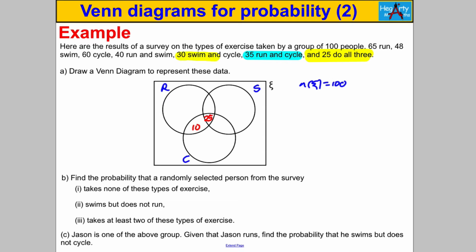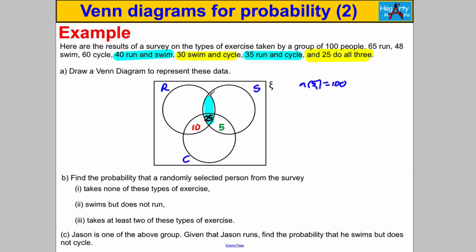Next we've got 30 swimmers and cyclists, so let's go to swimmers and cyclists. We know that 30 people in total need to be in this intersection here. There are already 25 in this part, so we do 30 subtract 25, which would leave us with 5. Let's keep going. 40 run and swim, so we know that there needs to be 40 people in this intersection here.